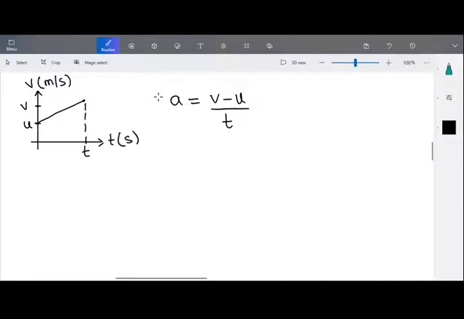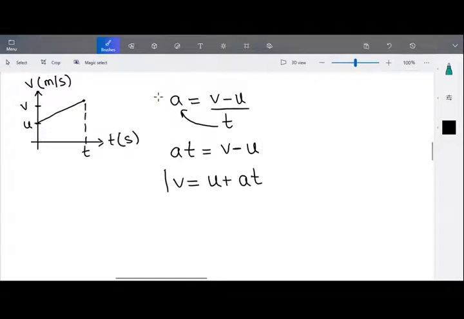But let's just rearrange this equation, take the t to the other side and cross multiply it so that we get a times t equals v minus u, and let's add u to both sides, so we get v equals u plus at.